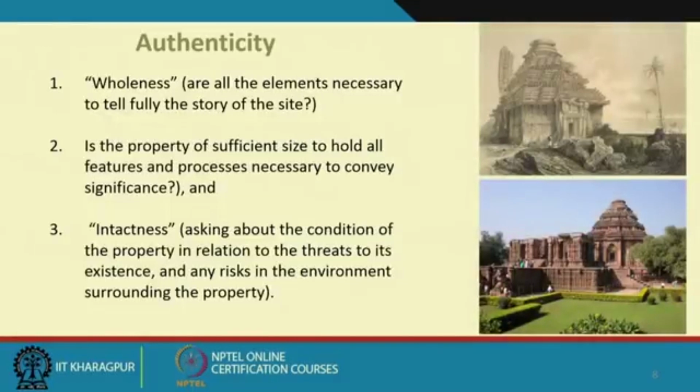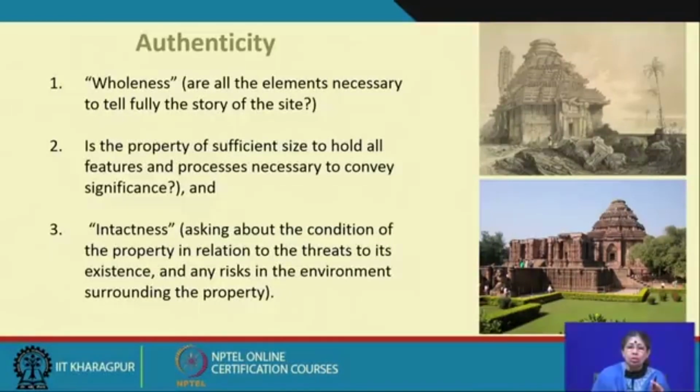For example, if you see here the Konark Sun Temple in Orissa, there is a very old picture of Konark, but the main temple has already collapsed. So, we see a part is standing there, and the Konark as we see today is a World Heritage Site, and there has been no attempt to rebuild the part which has been demolished.